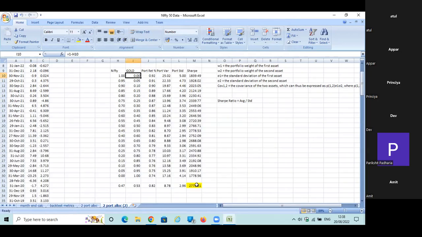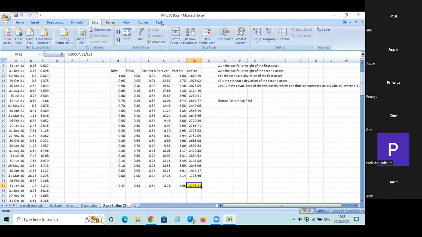Go to data. So your solver has come now.